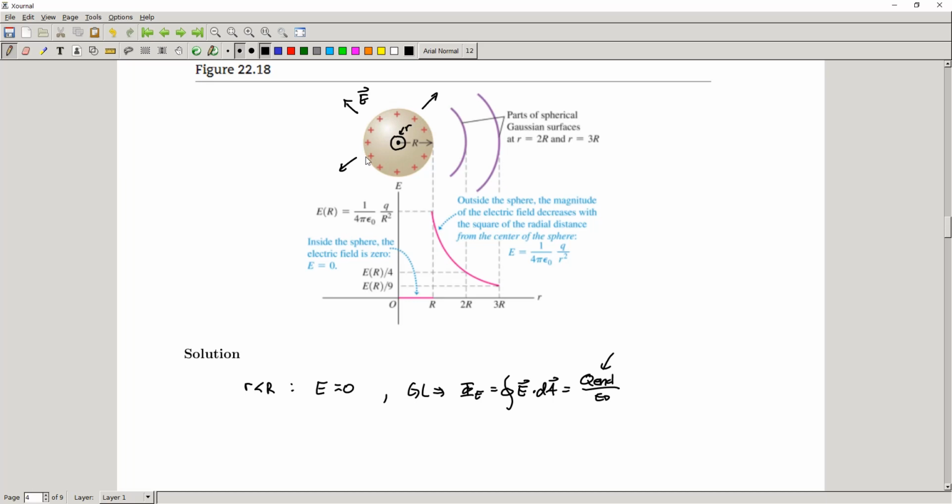We know all the charge has to be on the surface, and because of that we have no enclosed charge, and so this is equal to 0, and since our dA cannot be 0, this implies E equals 0. Again we end up with no electric field inside this conducting sphere, right?